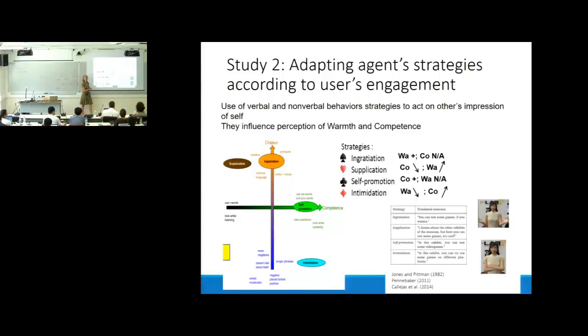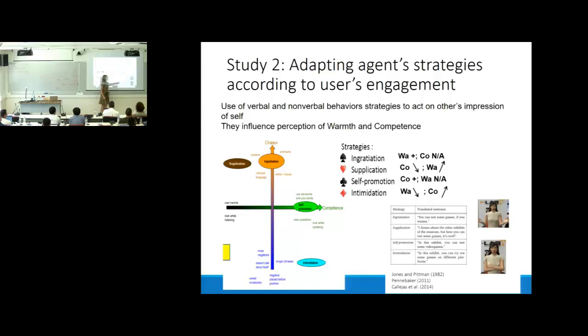And for the verbal conditions, because it's conversational strategies, we couldn't find anything in the literature that is specifically linked to those 4 strategies, but we looked at work done by Pennebaker and Zoraida Callejas, who came to my lab for a while, where by just manipulating the length of the sentence, the use of pronouns, and the type of vocabulary, we change the formality of the talk, and we could change the impression.